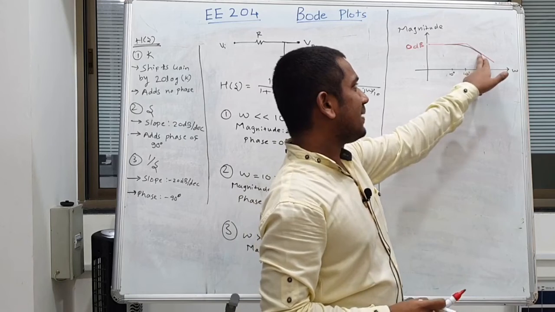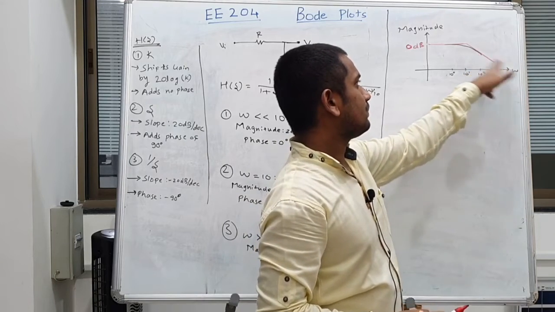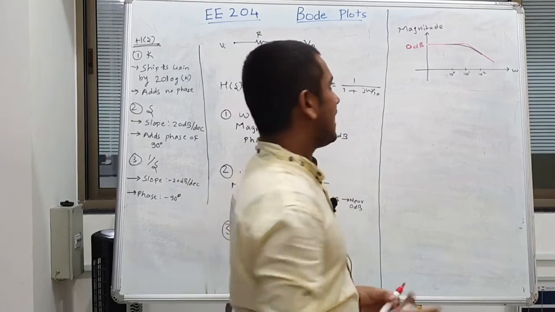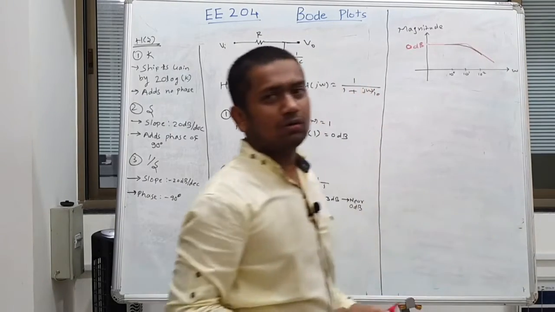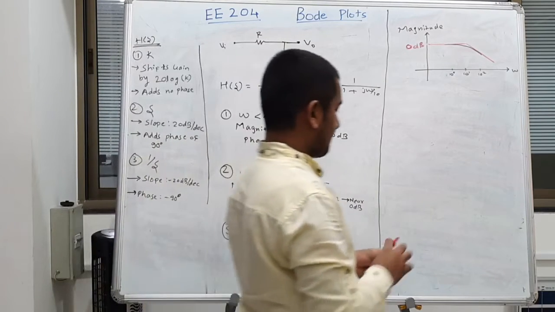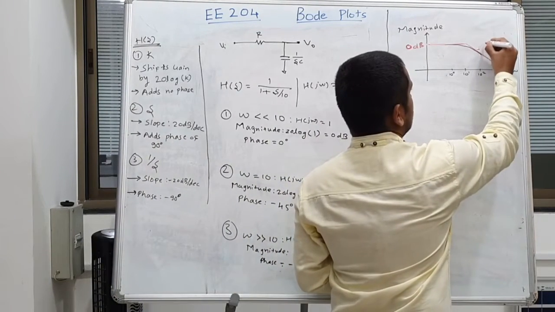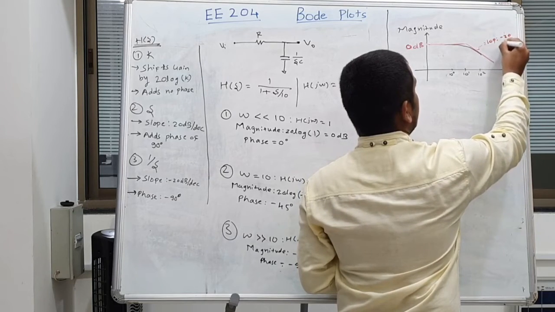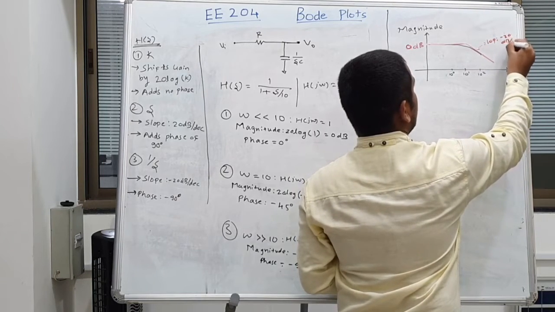But it exactly matches when it goes to much higher frequencies and at lower frequencies. And this difference is small, that is minus 3 dB. The slope we got is minus 20 dB in 1 decade.